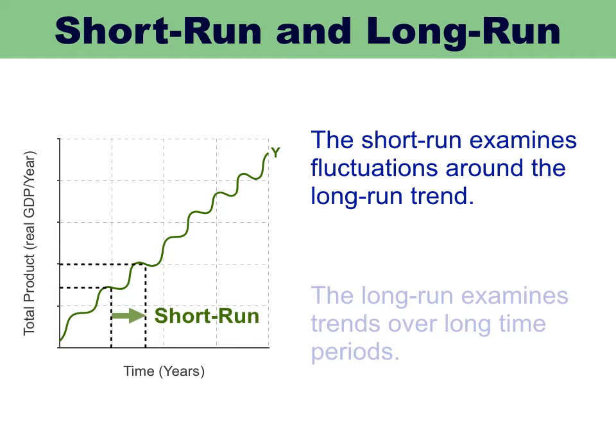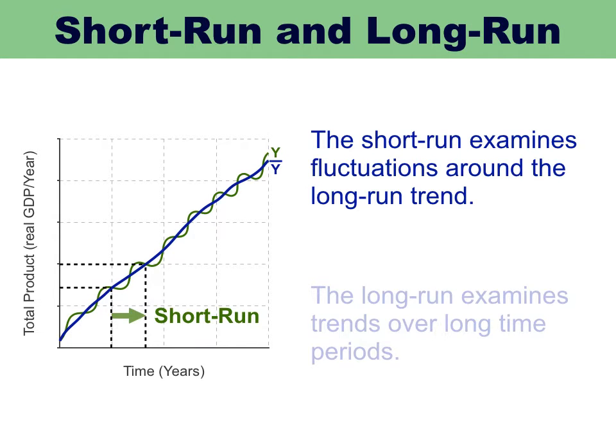If we look at this short run, we are looking at these fluctuations in the economy. Now, this is not something we're going to get into early on in this course, but we'll be looking at this when we get into the later lectures. We actually care about analyzing these ups and downs when we're analyzing the short run.